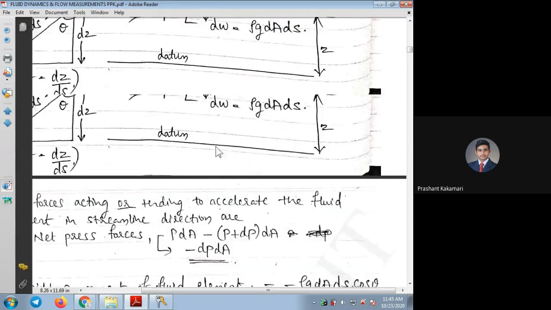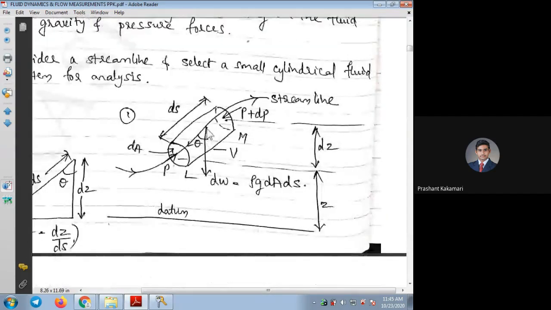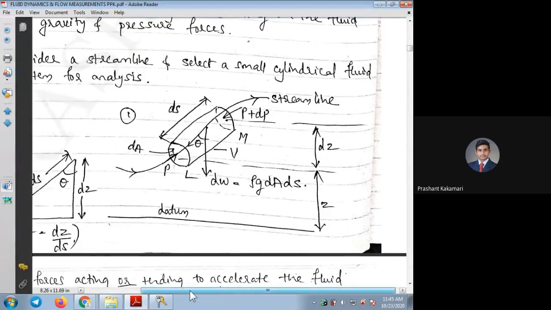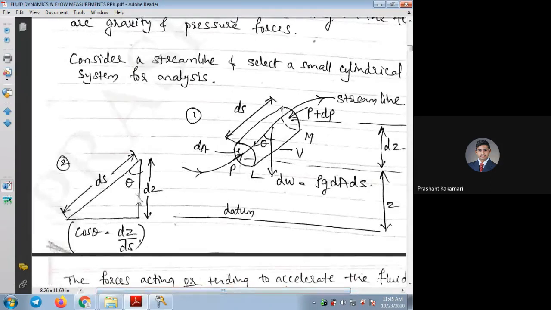So this is the weight of the fluid particle. Here we have taken the direction as the vertical direction. But in the direction of flow, in the direction of the flow only we are writing the equation. In that direction, if you see, it is acting at an angle theta. So to consider that angle theta, we have taken this triangle with ds, dz and theta.